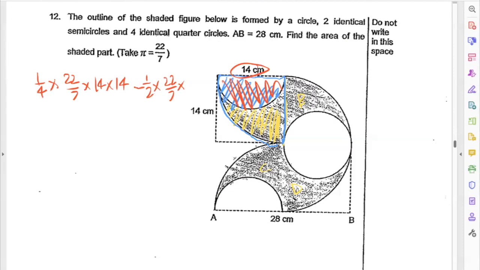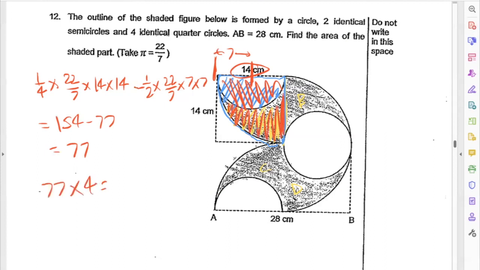Take note, the radius is this 7. It's not 14. Be careful. You compute this using a calculator, you will get 154 minus 77, you will get 77. So this is 77, this is 77, this is 77. Times 4, you get the answer. So this is 308 square centimeters. Let's continue with question 13.